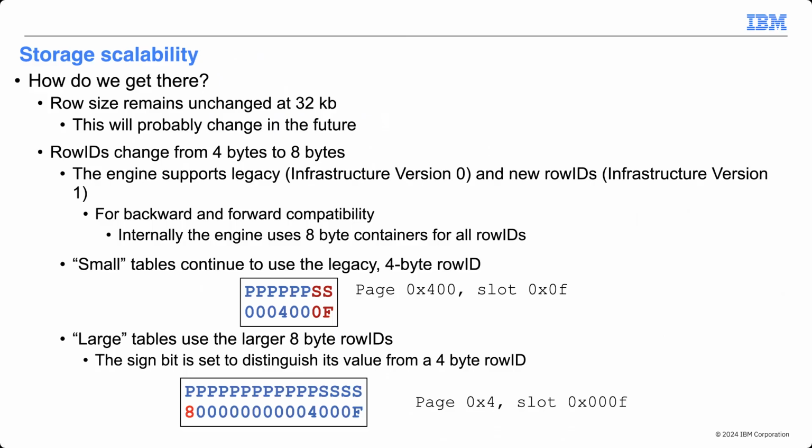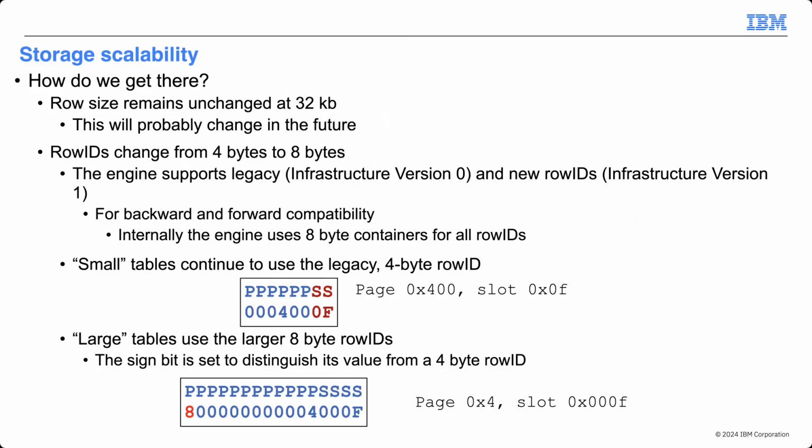So there are some tables that will always maintain a 4-byte row ID, and I'll talk about those in just a second. And then the newer tables that are created in 15 will be using the 8-byte size. The engine will support both simultaneously, so there's no need to worry about which one is actually on your table. The engine itself internally is actually using an 8-byte container for all of the row IDs.